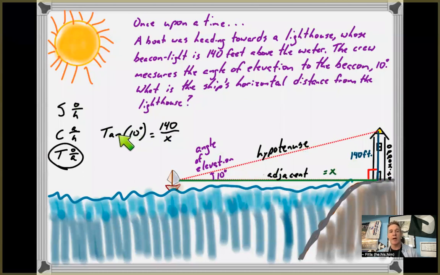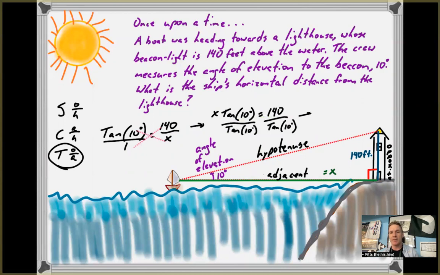We can cross multiply, which leaves x times the tangent of 10 degrees equals 140. Divide both sides by the tangent of 10 degrees, and x equals 140 divided by the tangent of 10 degrees.